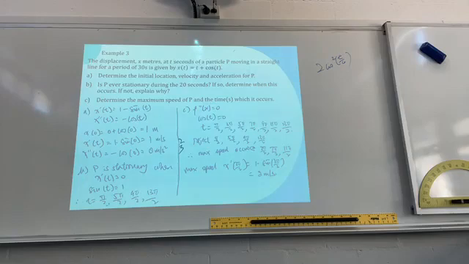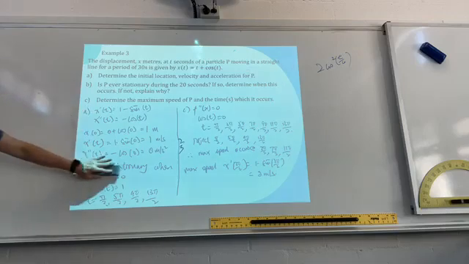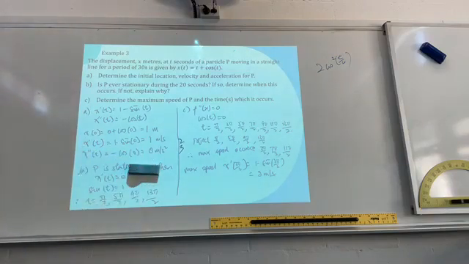Now, when you are asked to determine the initial location, velocity, and acceleration, you must work out the first and second derivative. Alright? Here, at this point, sometimes it may ask you to describe the motion. What would the motion be at t equals 0?